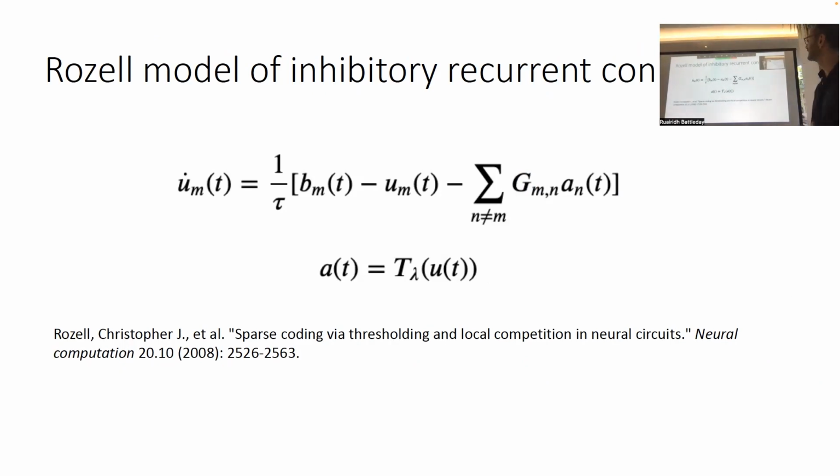Basically here, we will have a set of neurons or units, and the last term on the right is the interaction between the different units. This G_mn is a weight that depends on the selectivity of different neurons.